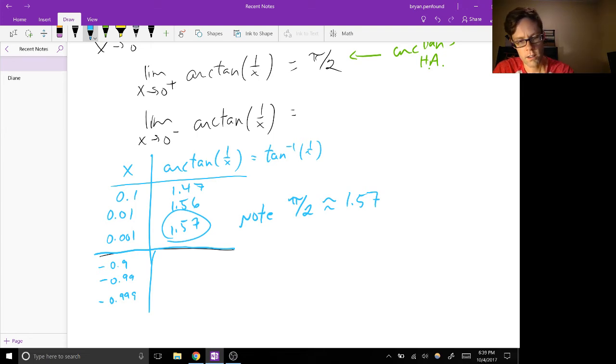So I get negative 0.84, and like negative 0.79.